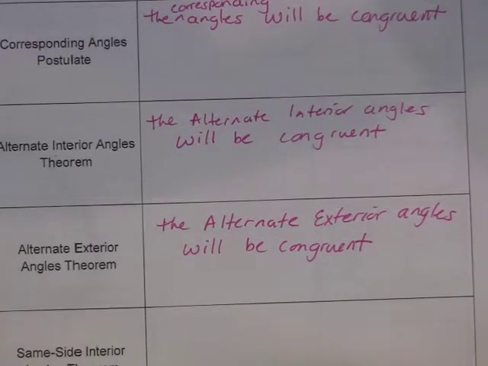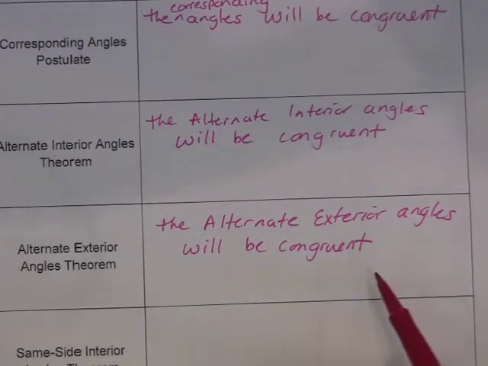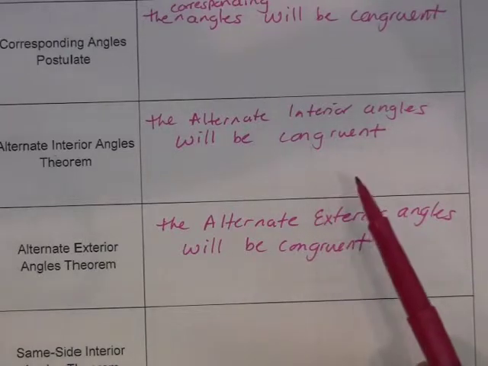So the first three, corresponding, alternate interior and alternate exterior, they all will be congruent if the lines are parallel.